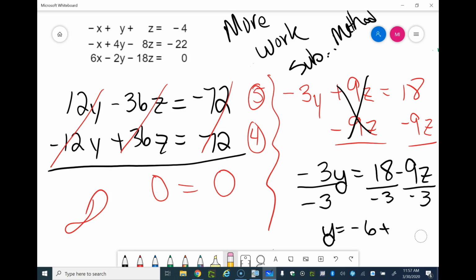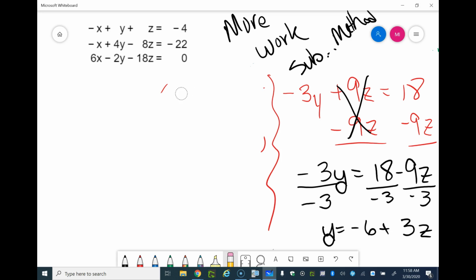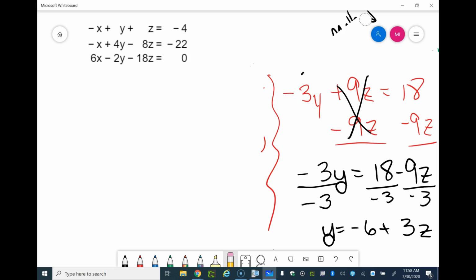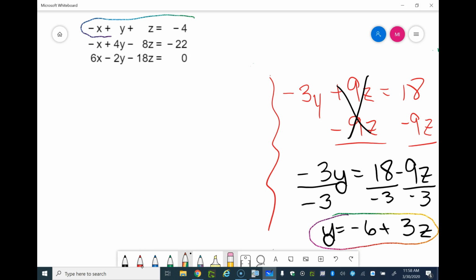Oops, wait a minute. Yeah, it's the same thing. Remember, we taught you it's the same thing, right?